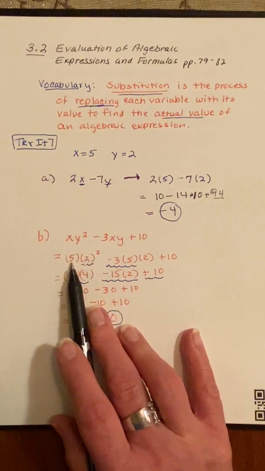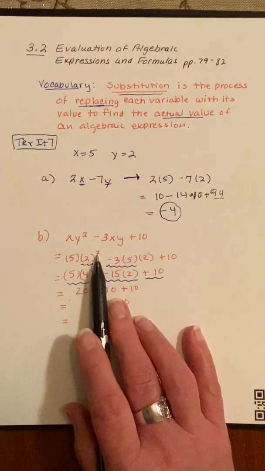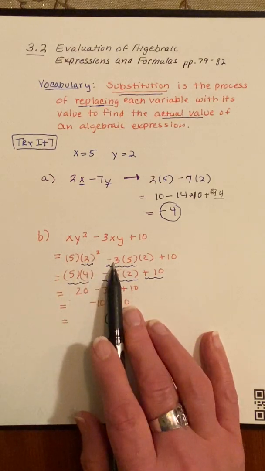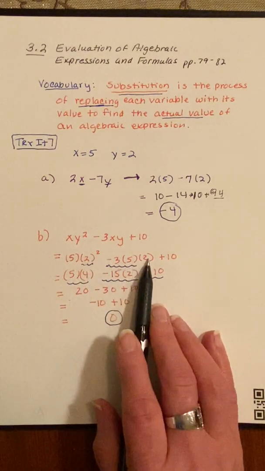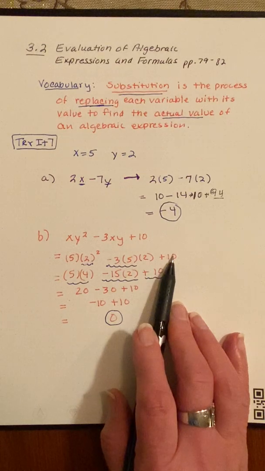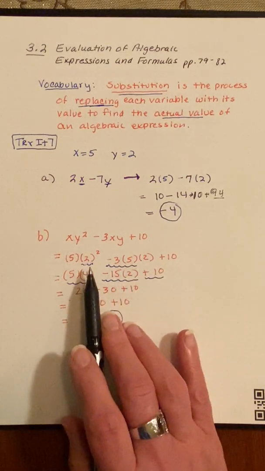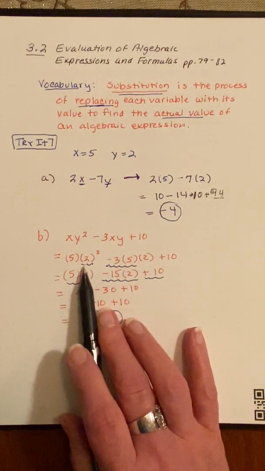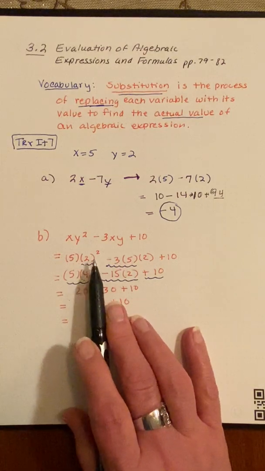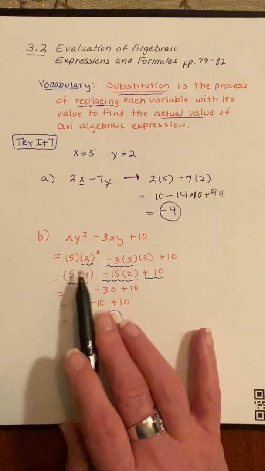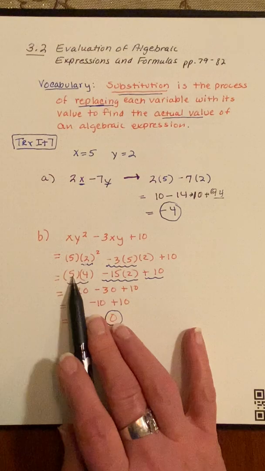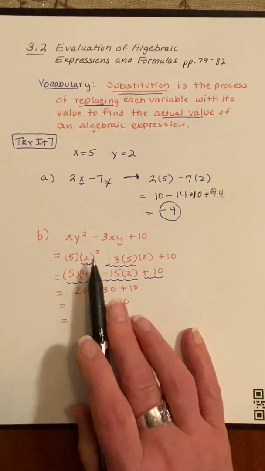So I would have 5 times 2 squared, negative 3 times 5 times 2 plus 10. Well, order of operations. First, I need to square the 2 in this part of the expression. So I'm going to have 5 times 4, because 2 squared is 4.